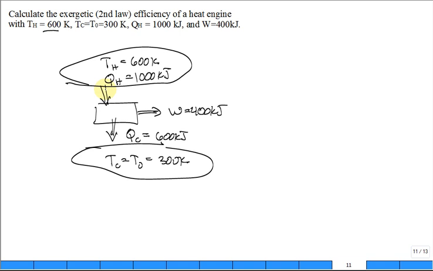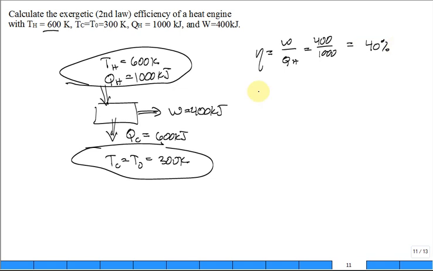So what is the exergetic efficiency, or the second law efficiency? Well, why don't you do this? Tell me what the actual thermal efficiency of this plant is. It's what we want over what we had to pay for. 400 over 1,000. What is that? 40%.